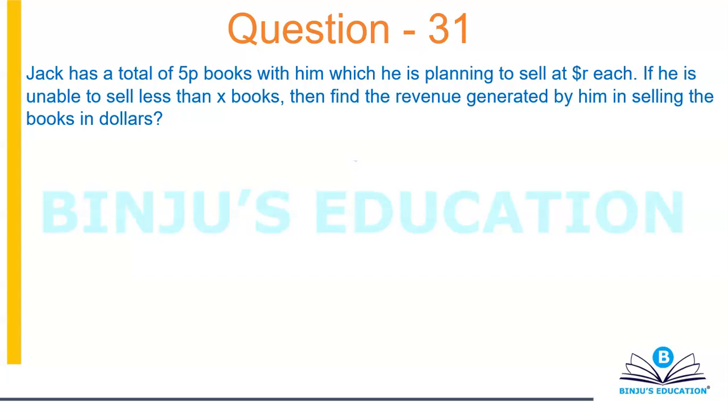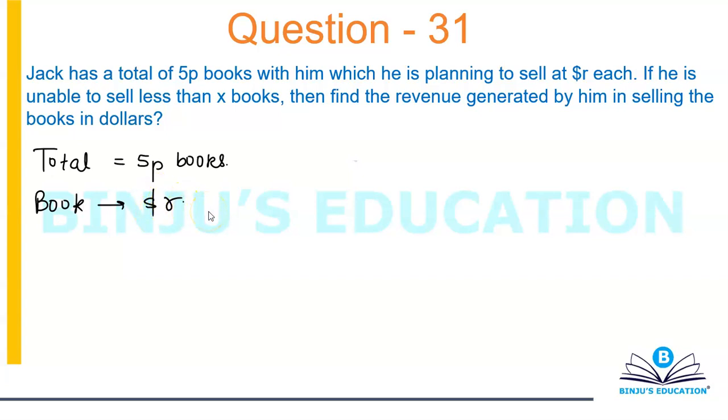Sounds confusing to me. Jack has a total of 5p books, which he's planning to sell at $R each. So the cost of the book is $R.